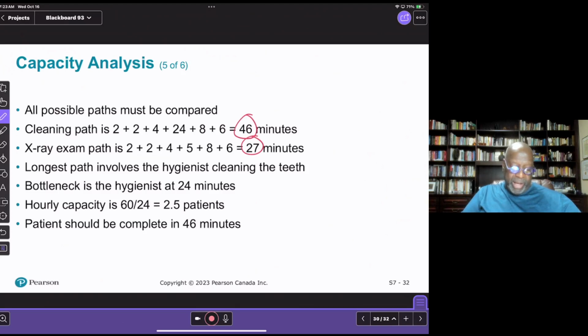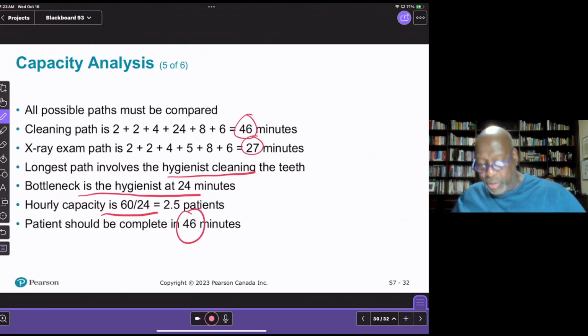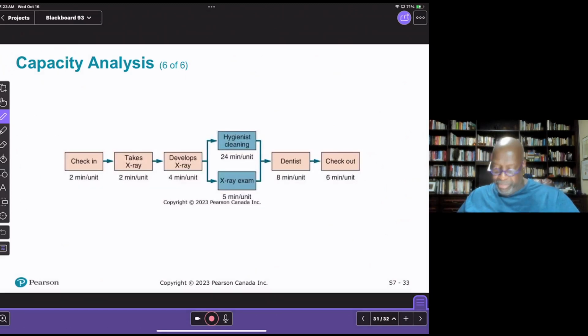The longest path involves the hygienist cleaning the teeth. That bottleneck is at the hygienist, 24 minutes. And then you could see that the hourly capacity is 2.5 patients per hour. And the patient should be completed in 46 minutes. That's the longest time that it takes through there.